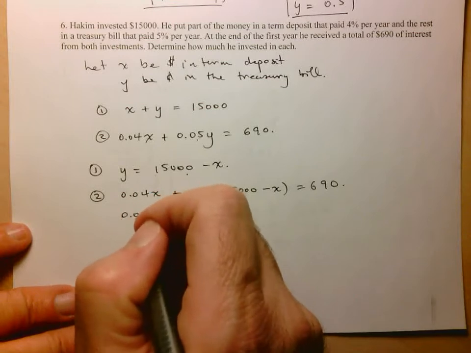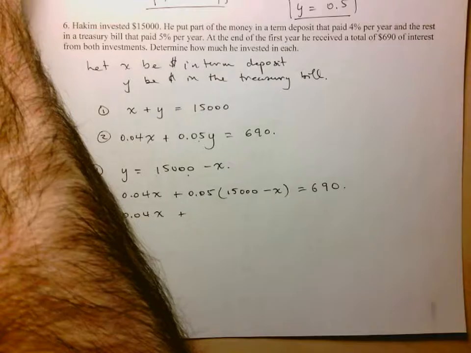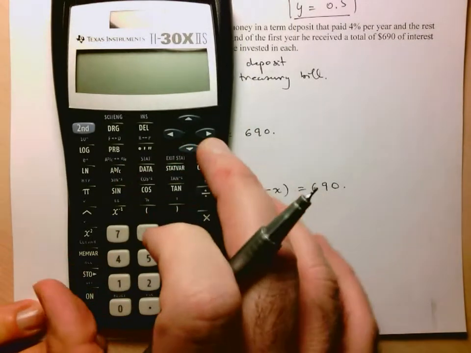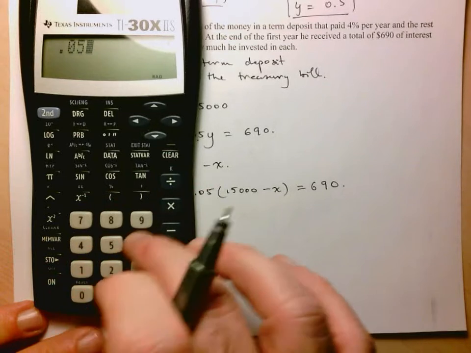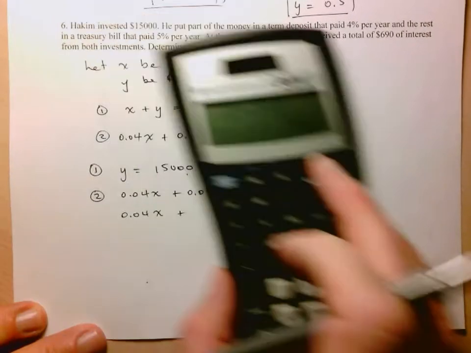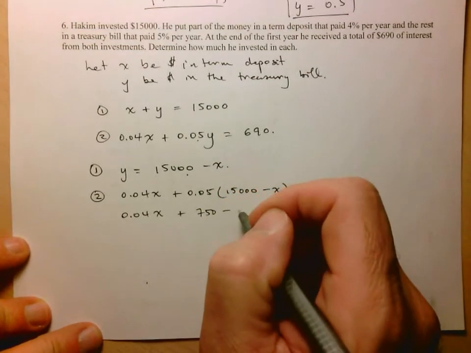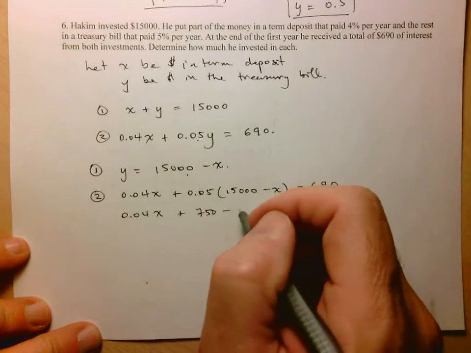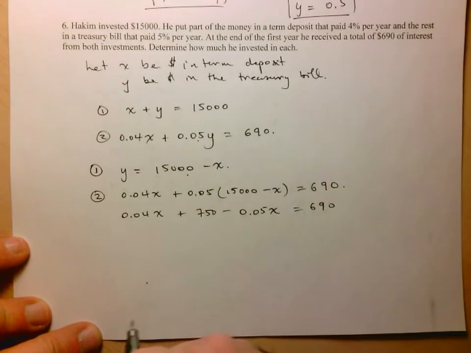Okay, so 0.04x, plus, well, let's calculate what is 0.05 times 15,000? It is 750. Minus 0.05 times x, so 0.05x equals 690.